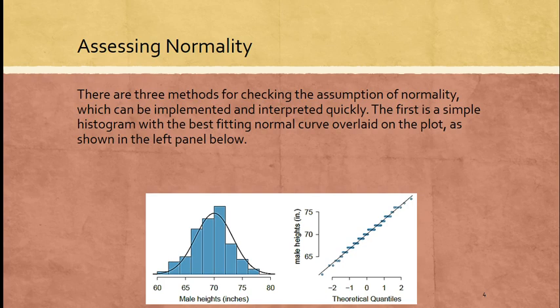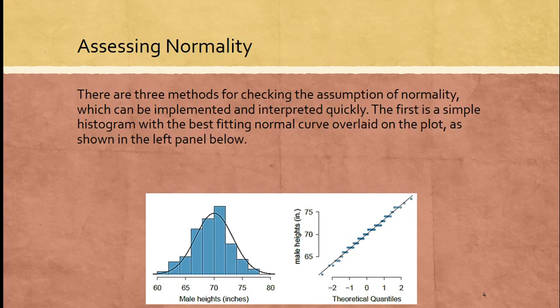The first is a histogram, and the idea with the histogram is just to see, does it look unimodal, more or less symmetric? We don't have to be absolutely perfect, but is it reasonably unimodal symmetric? You can see it in the left panel on the screen, there's a histogram.